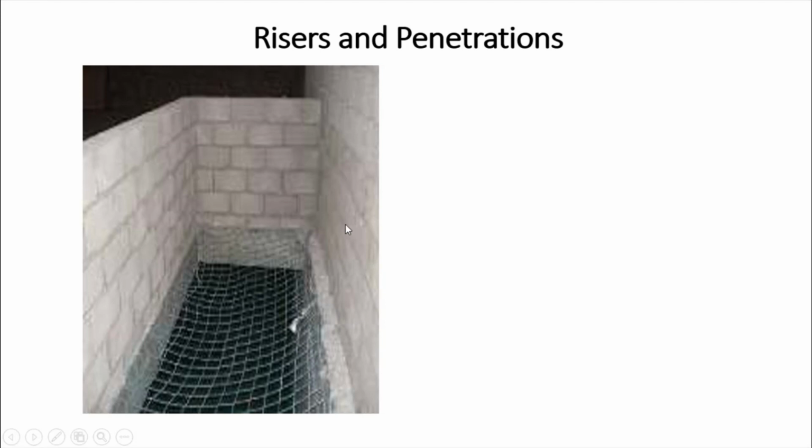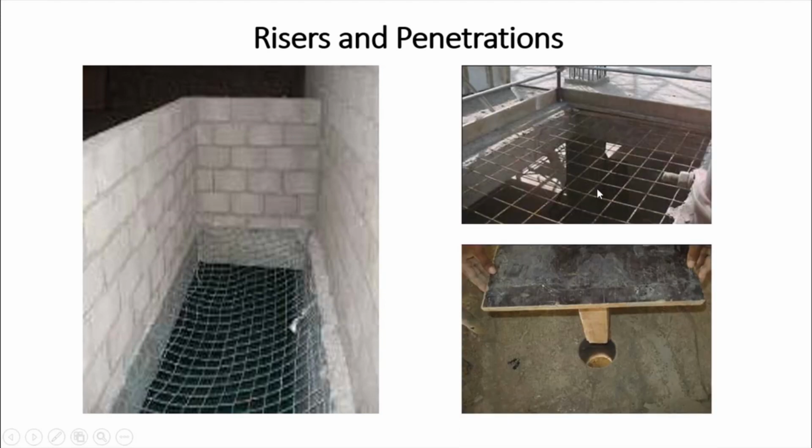For example, in these photographs, the risers have a temporary steel mesh installed, so anyone who falls on it will be caught by the steel mesh, until we install the wall around it. Including in the right photograph, we install temporary steel mesh and edge protection around the opening.